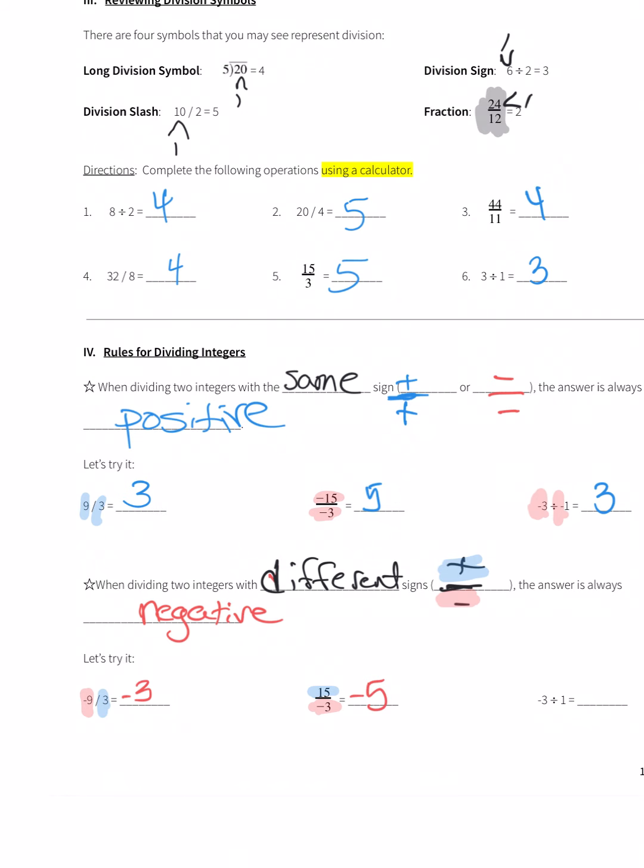All right, last but not least, we have negative 3 divided by 1. So we are dividing a negative by a positive. They are different signs. So that means my answer is negative. Negative 3. Perfect. All right, get all this written down.